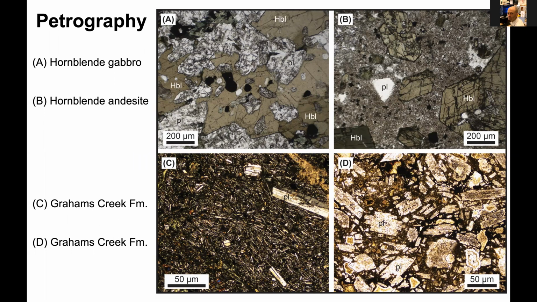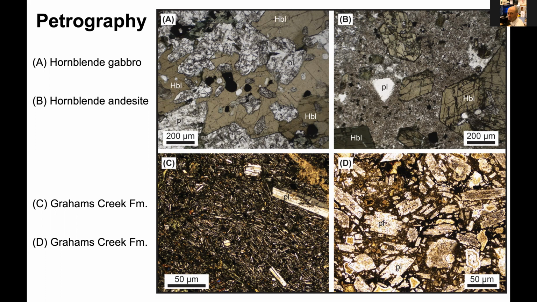Very quickly on petrography, the intrusive rocks are quite fresh. We see everything from gabbros to diorites through to granites and even quartz-diorites in a few cases. All of the intrusive rocks are fairly distinct in that they have an abundance of igneous amphibole, as you can see in these images here.